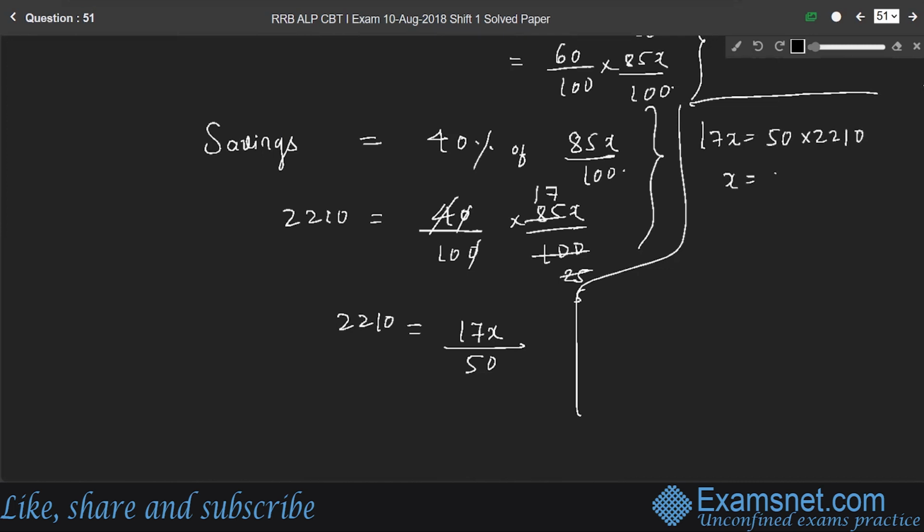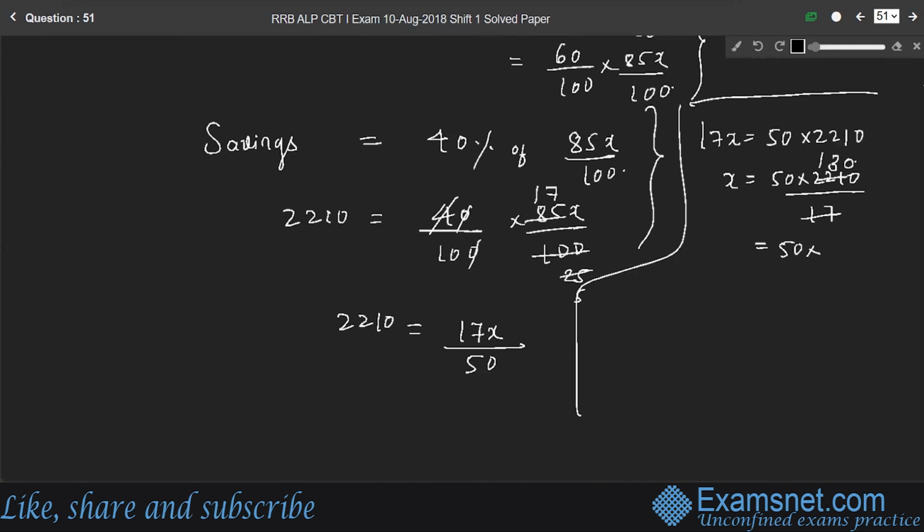So value of x is 50 into 2210 by 17, right? So 2210 by 17: 17 into 130 becomes 2210.